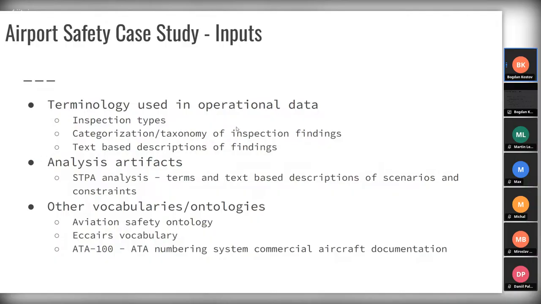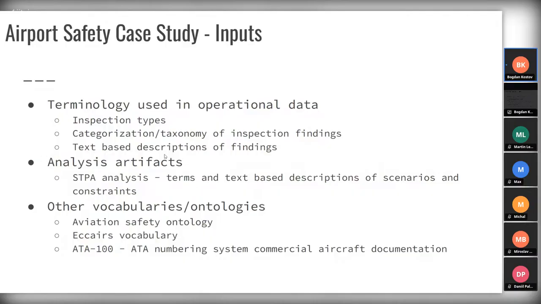So apart from the operational data, we have things like documentation and analysis artifacts, and so on. Here, as an example, is the STPA analysis. In the STPA analysis, again, we have some terms. I think we are all fairly aware of what STPA is. Very briefly, there is a control structure, which is what are the controllers and the controlled components or the controlled process, how they are controlled, and what the feedback is.